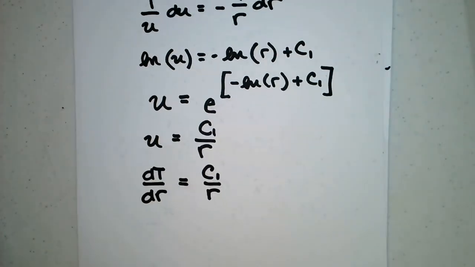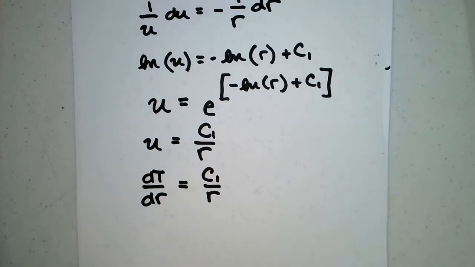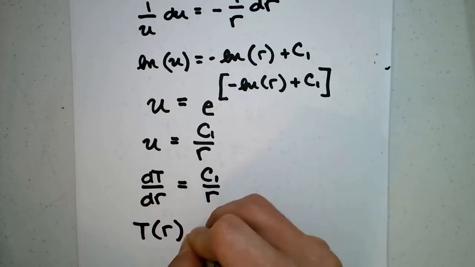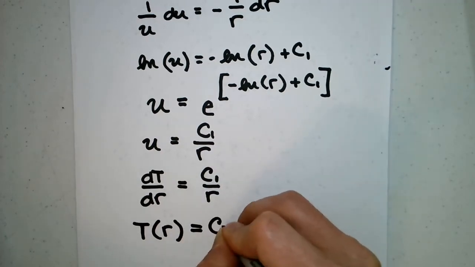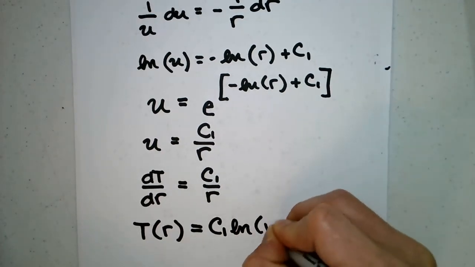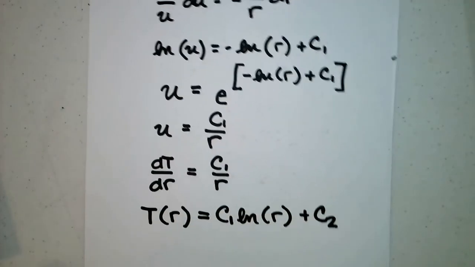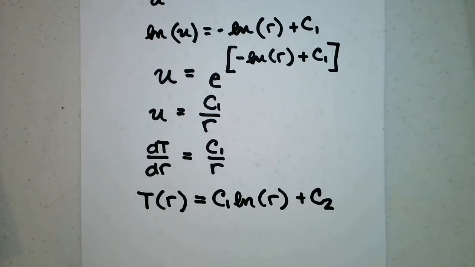All right, so that means we need to take one more antiderivative. And our temperature profile might look something like c1 natural log of r plus c2.